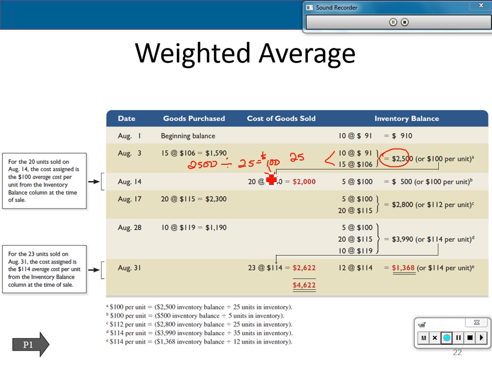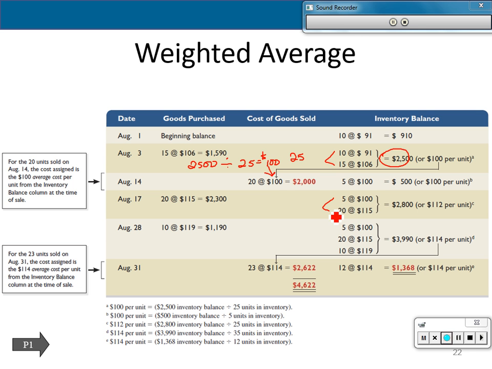Does that make sense? This would be used for wholesale. All right, so now it's $100 per unit. Then on August 17th, we purchased 20 more units at $115. So now we add our 5 remaining at 100 plus 20 at 115.